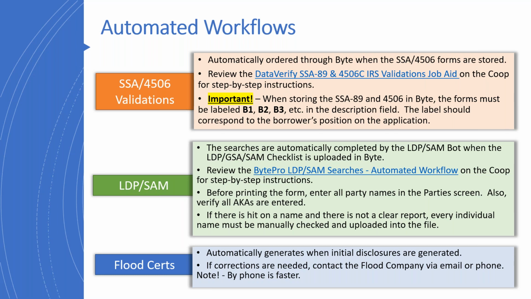Now, tip: when storing the SSA and 4506 in Byte, the forms must be clearly labeled B1 for borrower 1, B2, B3, and B4. Remember, in Byte we cannot have more than 4 borrowers. And you must label them this way in the description field individually. The label should correspond to the borrower's position on the application.